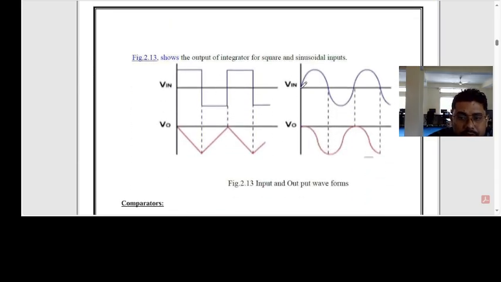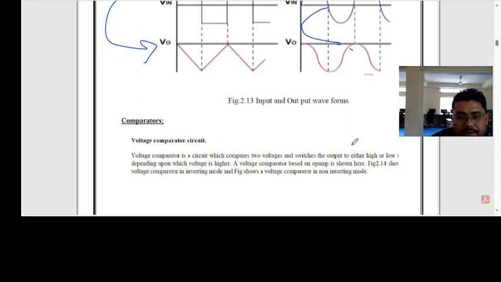Again this is the input, and when we integrate the square waveform we will get the triangular waveform. This is the input and this is the output. This is the sine wave, and it becomes a cosine wave after the integration.